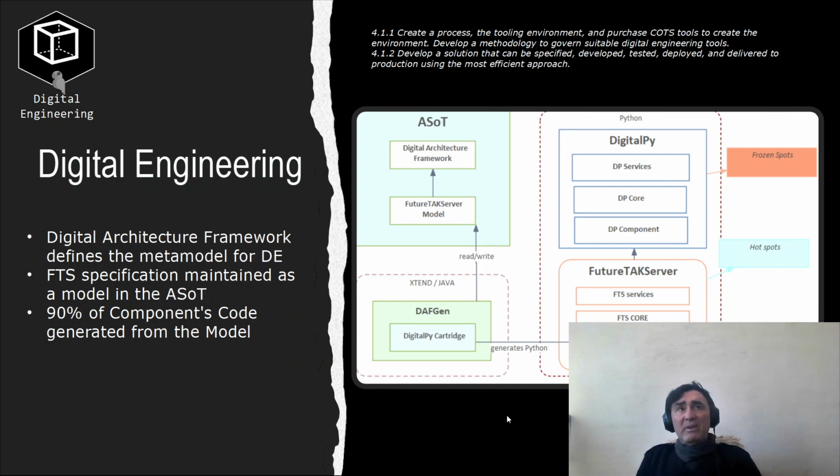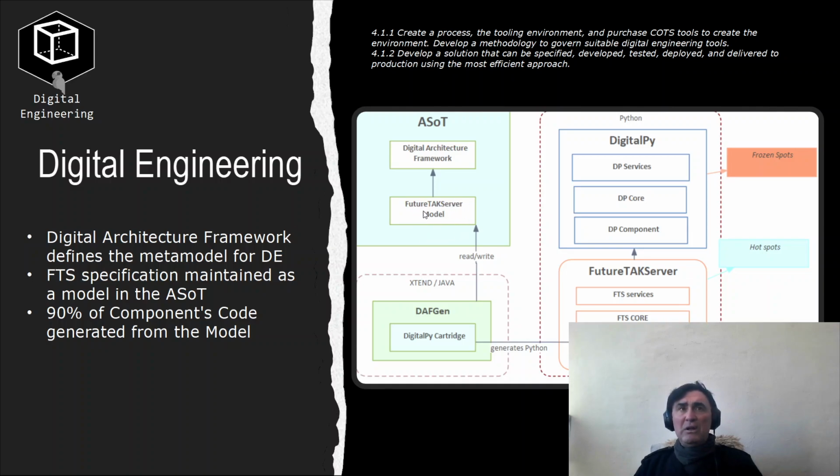And here you can see the same again. So we have the asset, our authoritative source of truth. Inside the asset, we have the tools for the creation of a DAF model. And by using those tools, we can create the FutureTAKServer model.